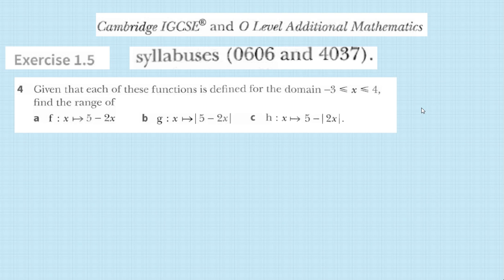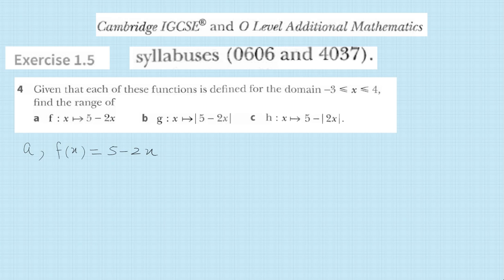So first we are going to start part A. This is the function f of x equals 5 minus 2x.